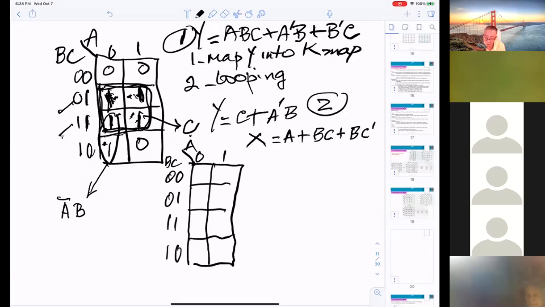Okay, so you're looping, mapping into that K-map and you're looping out.